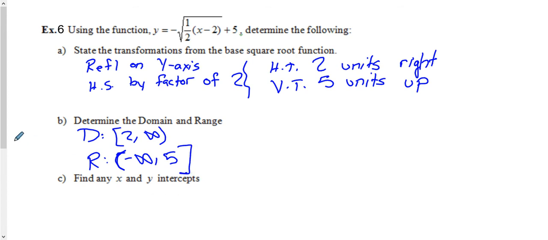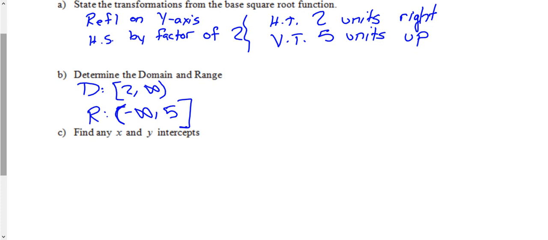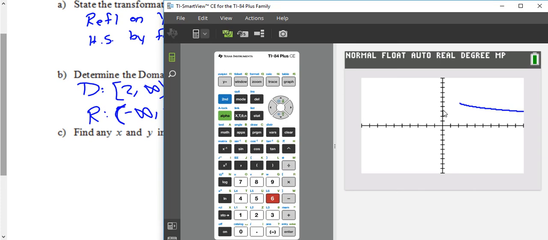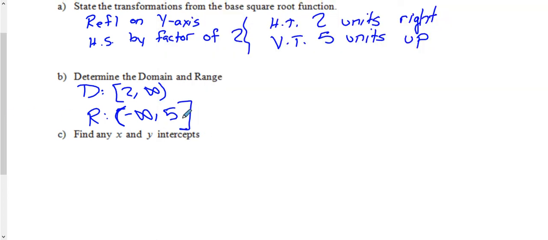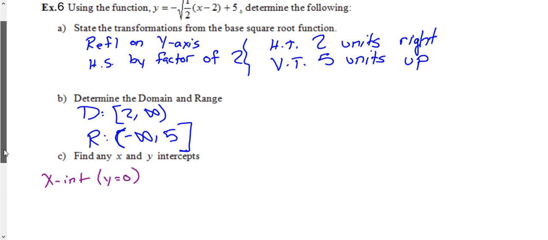To figure out my x and y intercepts here, one of two things. I could take a look at my graph here and I can definitely figure out my x and y intercepts, or I can solve it algebraically. So again, x-intercept here, meaning that you're looking for y equals 0. So in this equation, any y I see, I'm going to sub in 0.